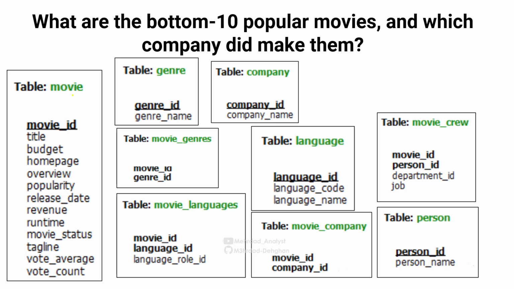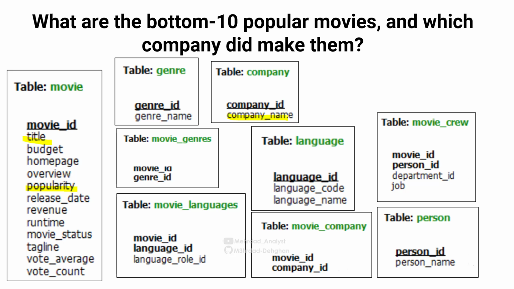The first table, we want to work with movies, and we need title and the popularity from this table. As well as this, we need some data from the movie companies. The movie companies is these companies. And the company. The next table that we need is company and company name.